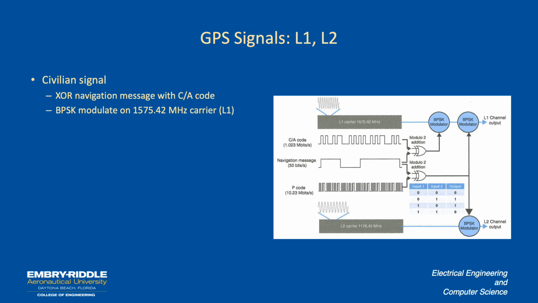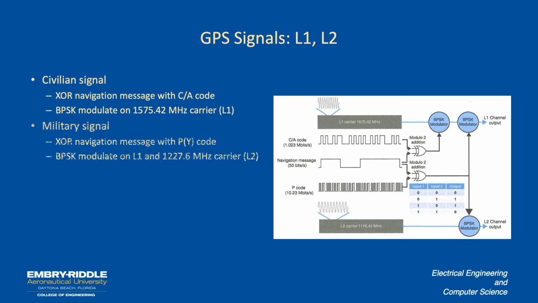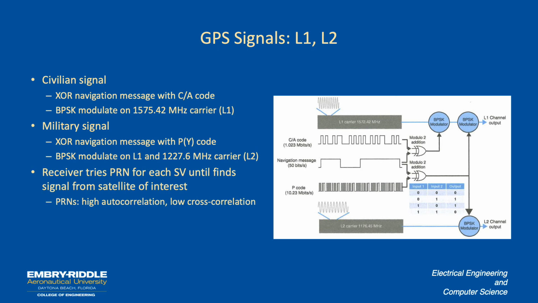We also put the P code onto the L1 channel, and this is not to say that you do the CA code modulation and then you again modulate it with the P code. I think these are both put together separately, and they're both just transmitted at the same time. The P code can also be encrypted.